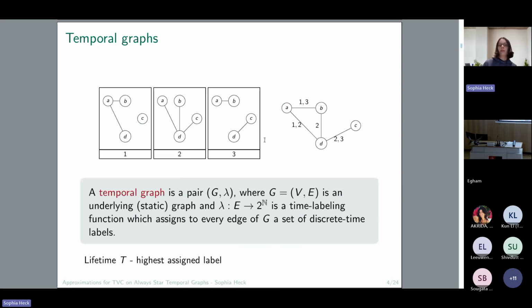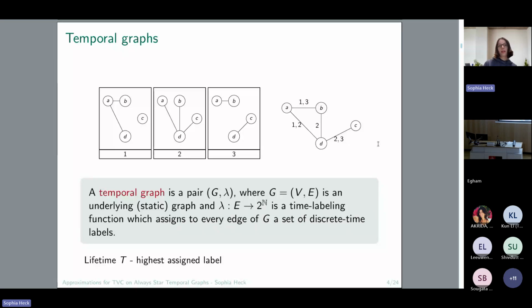We can also look at this in a snapshot view, where in every snapshot we just display the edges that are visible at that time, or in the underlying graph view, where we plot the underlying graph and label the edges with the labels where they are active. We call the lifetime of such a graph T, which is just the highest label that is assigned.